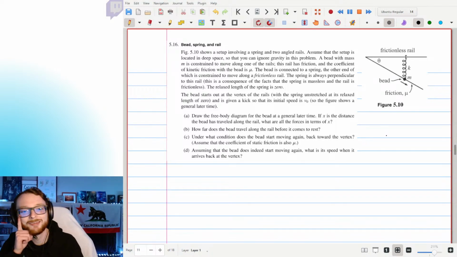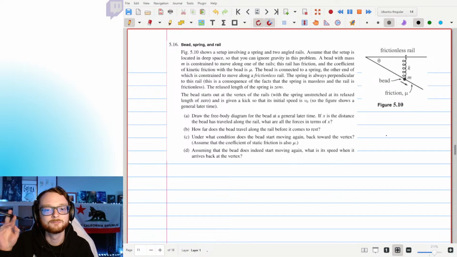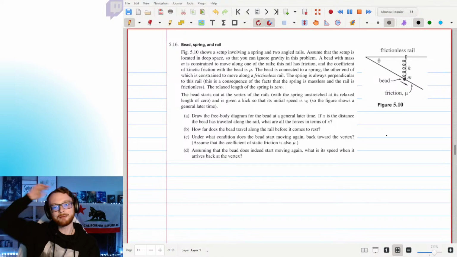What is this? So there's no gravity. Why does anything happen?